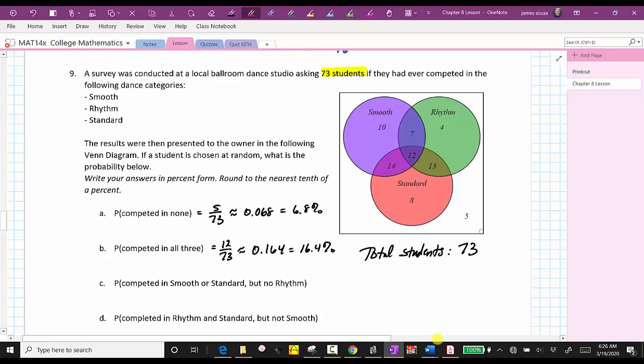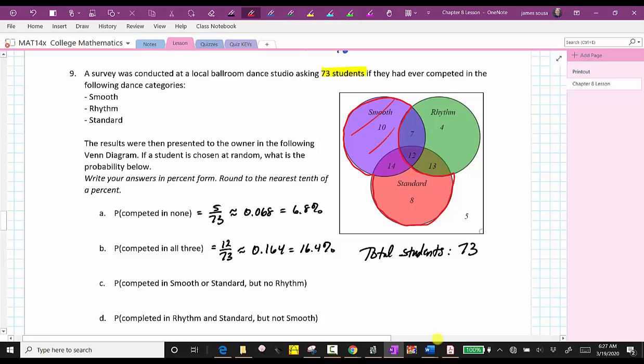For part C, the probability of selecting one student and the student competed in smooth or standard, but not rhythm. So smooth or standard would be the union of the smooth and standard sets, but we eliminate them if they also competed in rhythm. So smooth or standard, but not rhythm, would be this set here. We eliminate those that are in the union of smooth and standard that also competed in rhythm.